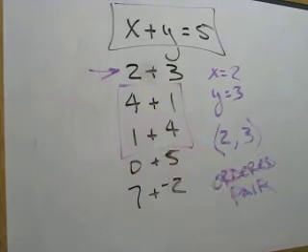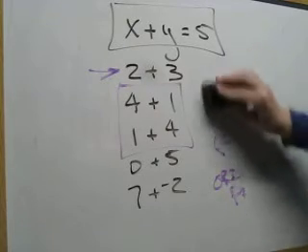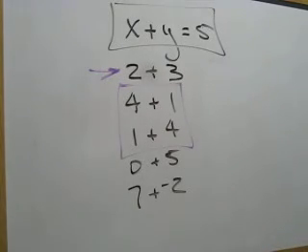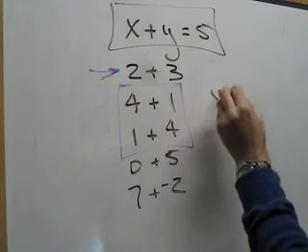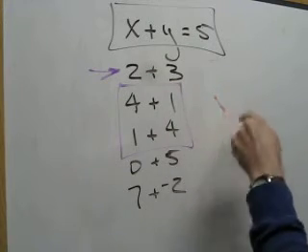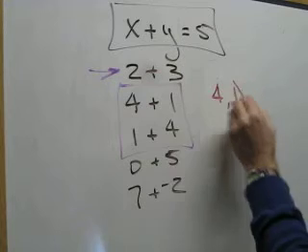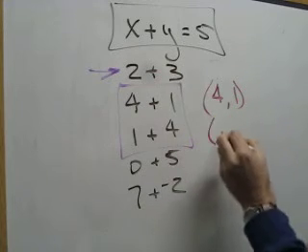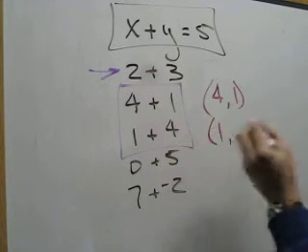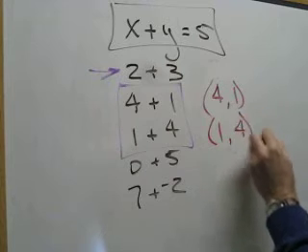Now look at this in particular. Those are not the same thing. Although we're adding 4 and 1 together in both of those situations, in this situation the x is 4 and the y is 1. In this situation the x is 1 and the y is 4.